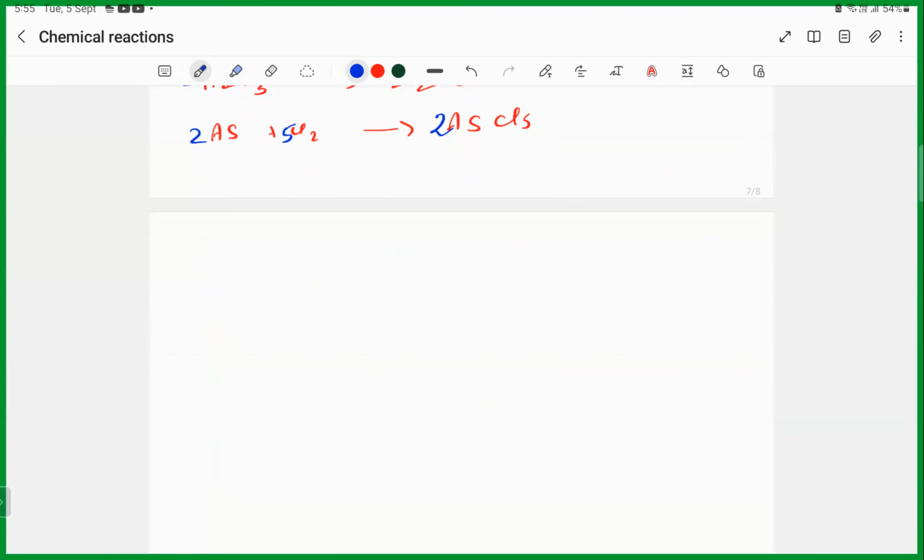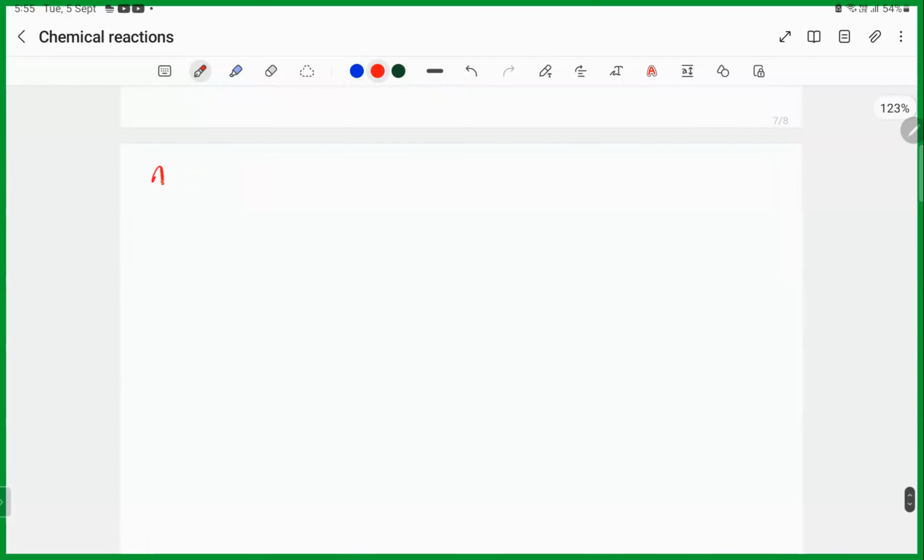Next, let us look at this problem. This problem was asked in 2020. A compound A is used in the manufacture of cement.